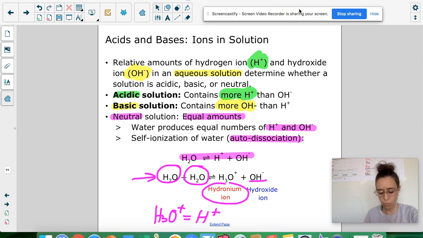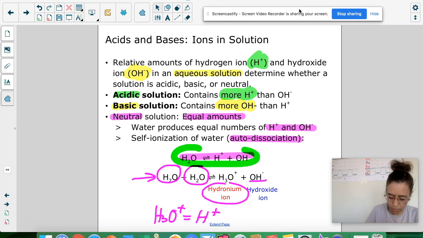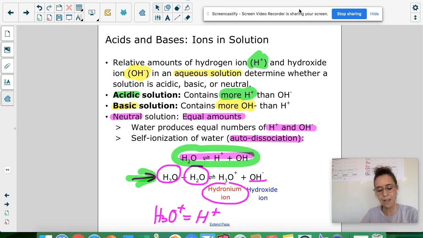Okay, so you can express the auto-dissociation of the water, the breaking of the water, in two ways. You can use the one that we have up here, or you can use the one that we have down here. Both are valid. That is how the water breaks within itself. And it breaks into H plus and OH minus, or it breaks into H3O plus and OH minus, which is exactly the same.